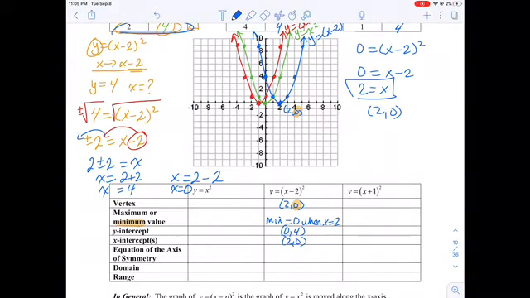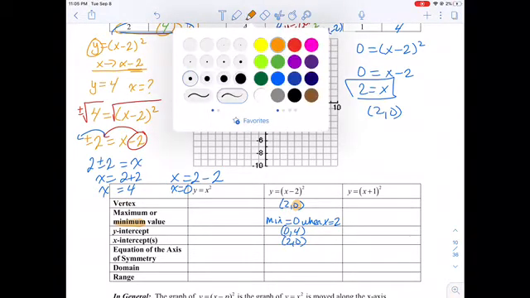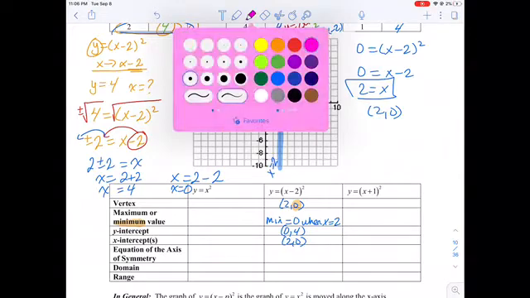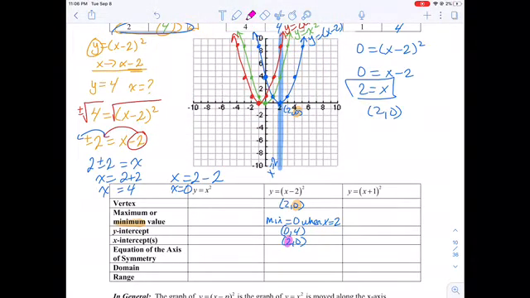The equation of the axis of symmetry, let's do that maybe in a light blue color, goes right down through where x is equal to 2. And again, where's this information coming from? As a hint, the equation of my axis of symmetry comes from the x coordinate of my vertex.